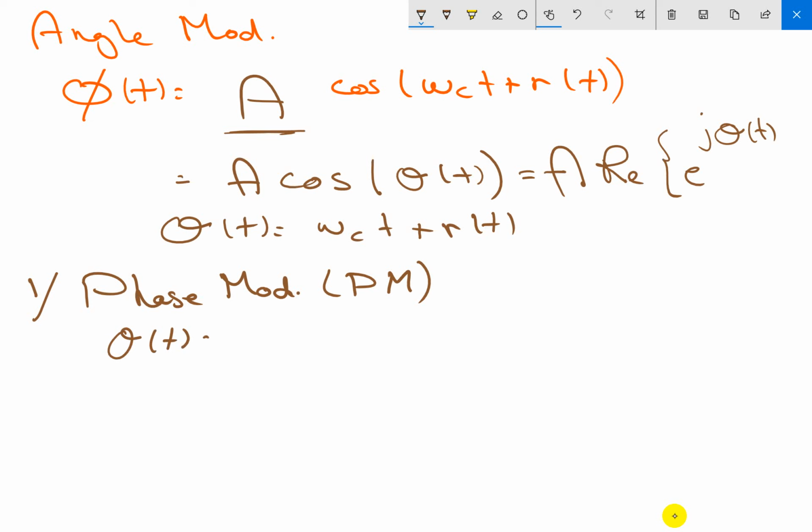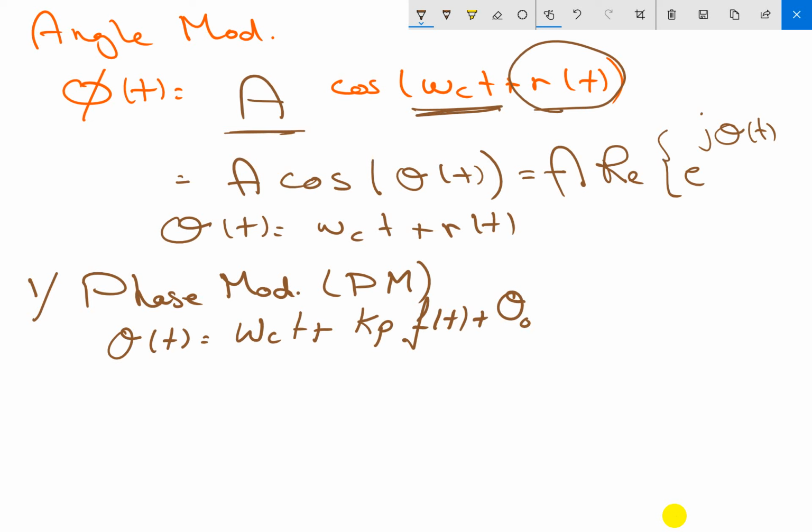Theta of t equals omega ct plus k sub p phi of t plus theta naught. Remember, this is the omega ct and r of t. R of t equals k of t plus theta naught. First order equation.